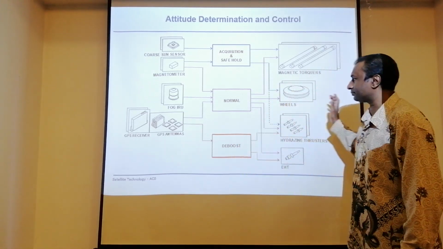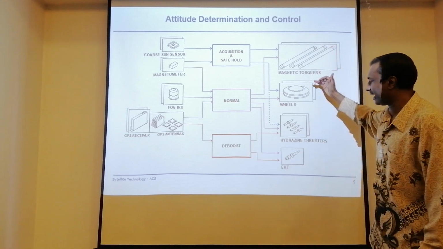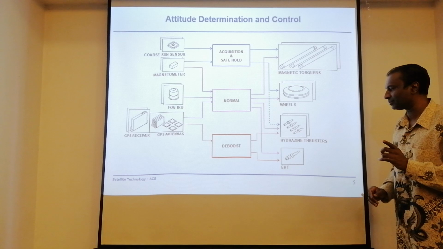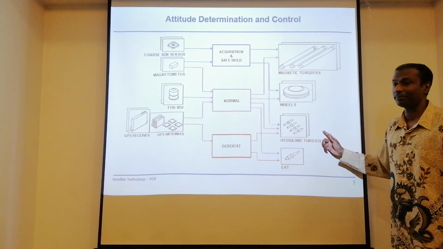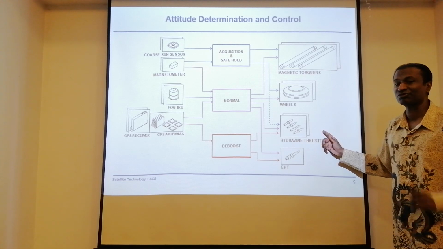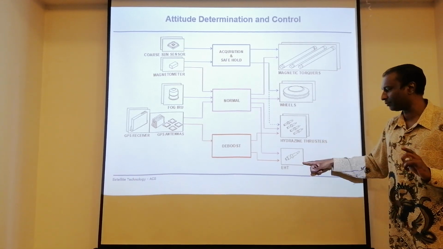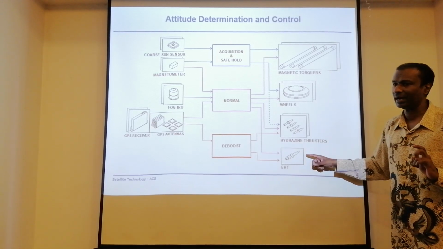On the right side, if you see, all these are my actuators. Now, as we have looked into thrusters, thrusters are going to help us to induce translation motion. Okay, you have hydrogen thrusters. Well, there's also an option of electrothermal hydrogen thrusters.